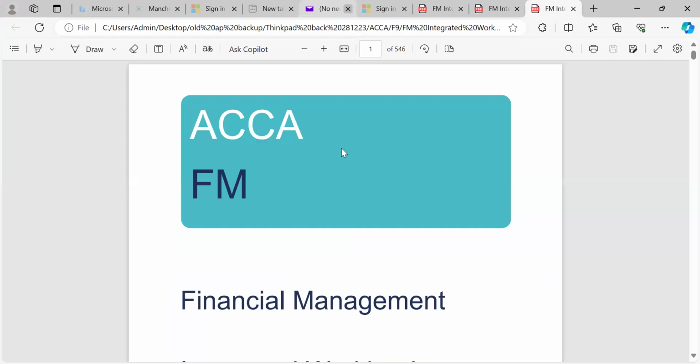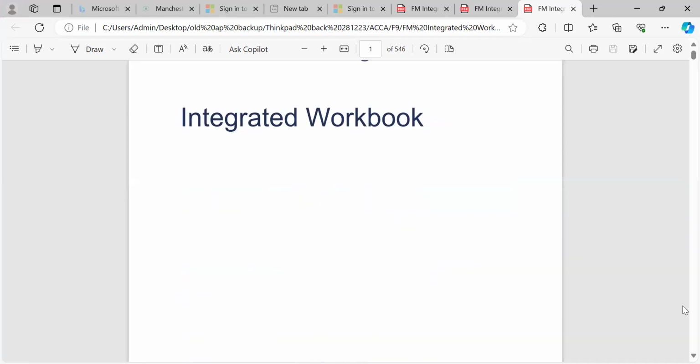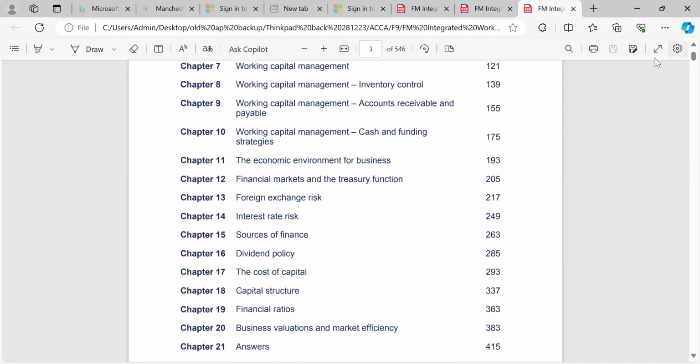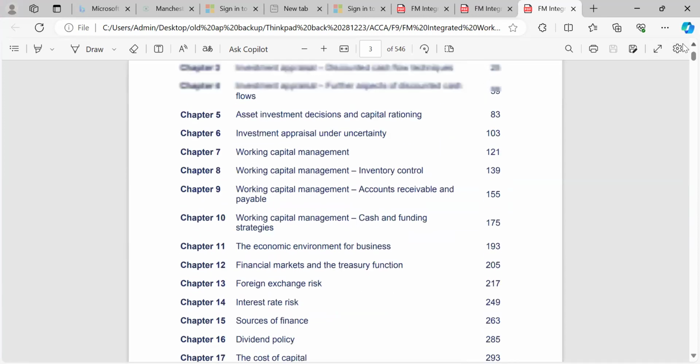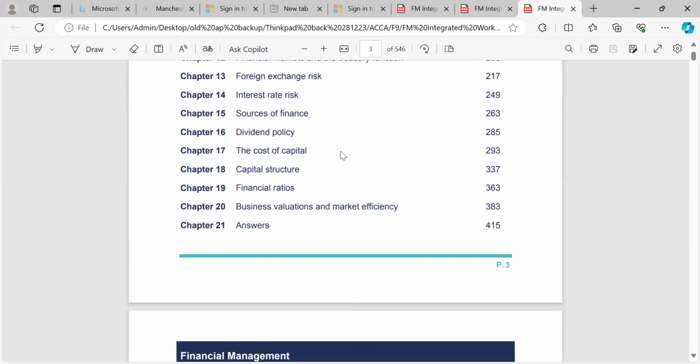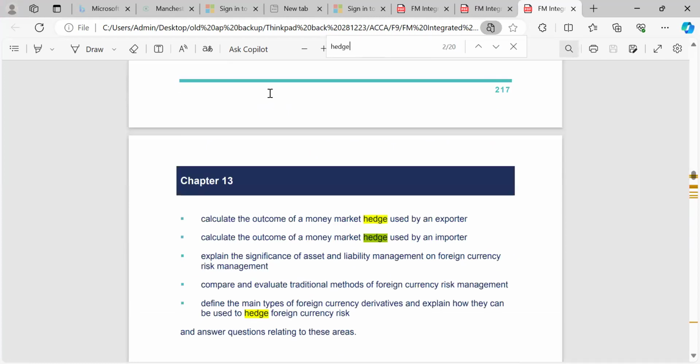Okay, guys, this is a financial management book, an integrated book. All the topics are covered here. We're looking at investment appraisal techniques and risk hedging. Anything you want to find, interest rate, foreign currency risk, exchange risk, is all given. If you want hedging, Control F will take you straight to it. This is in PDF format, and this is an answer book.